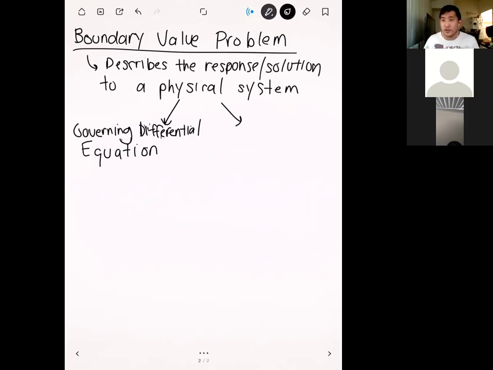For fluid mechanics, we have the Navier-Stokes equations, right? All of these are differential equations, okay? And so that's kind of the first ingredient, is that most physical systems that we know today, at least their physical behavior is governed by a differential equation. So one example that we'll cover today is for structural mechanics. Okay?